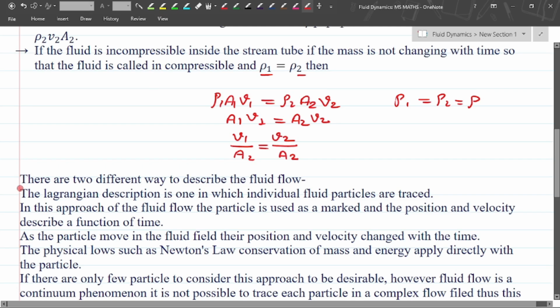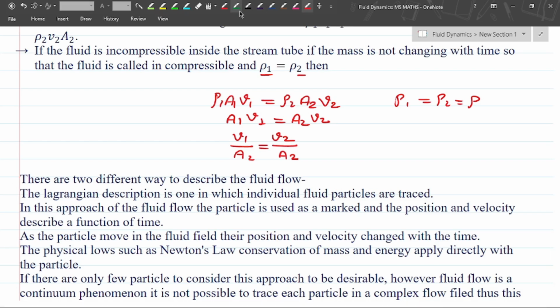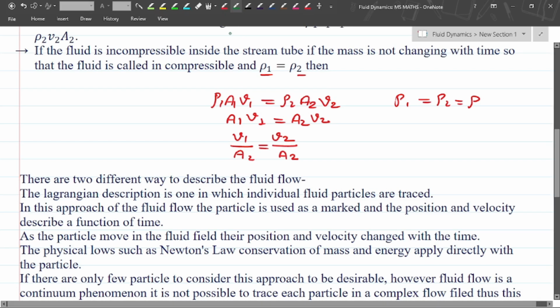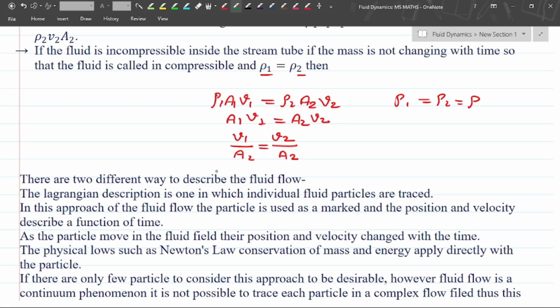Now there are two different ways to describe the fluid flow. So this is basically the relation for the stream tube region, and now we'll discuss two different fluid flow methods, or descriptions. One is the Lagrangian description and the other one is the Eulerian description.